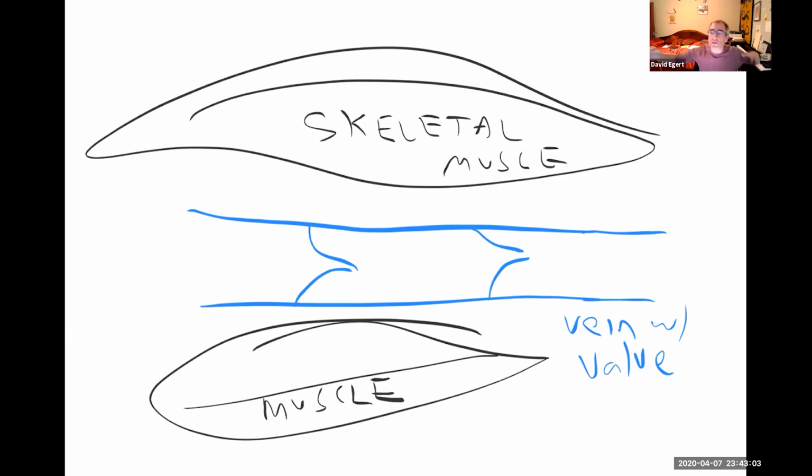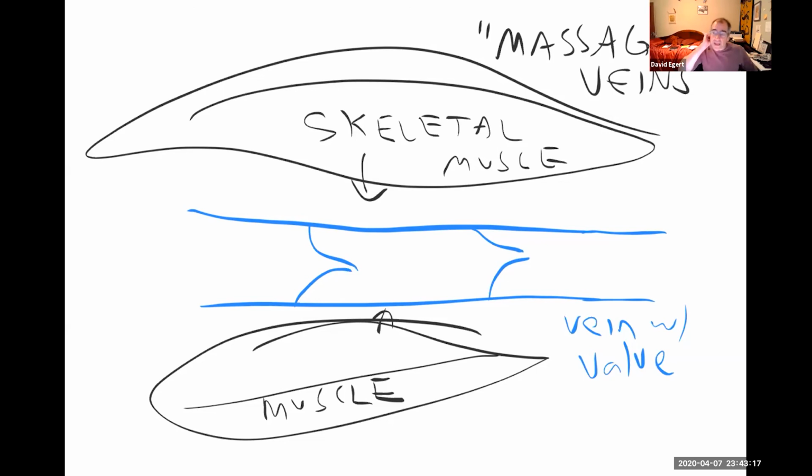So as you're moving, these skeletal muscles are going to be pushing and relaxing. These are going to massage the veins, and as that happens, they're going to milk them. So let's say there's some blood right here and the muscle squishes, it's push.